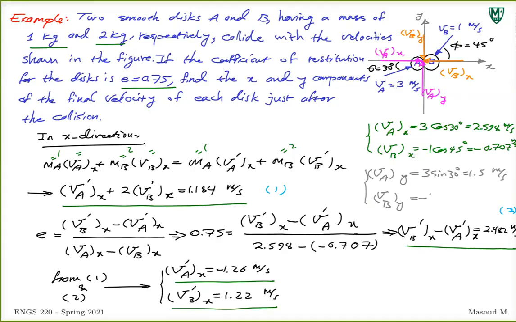VB in y direction is minus 1 sine 45 degrees, and that'll be minus 0.707 meter per second.